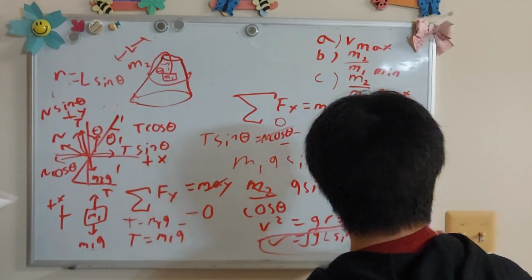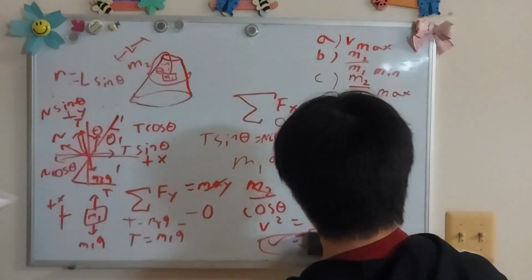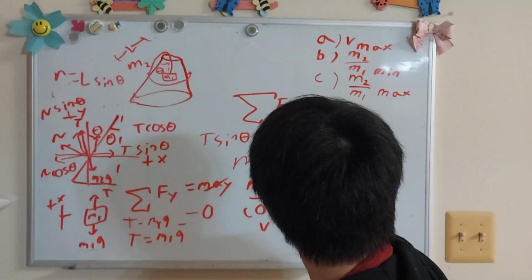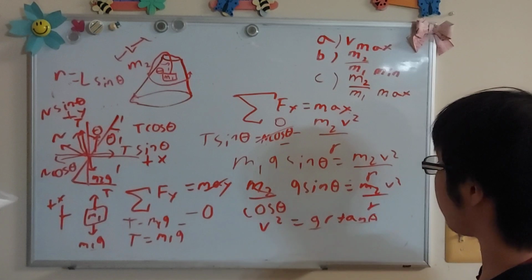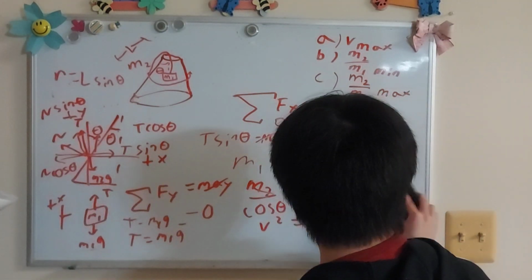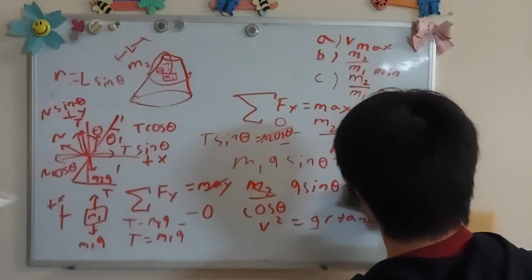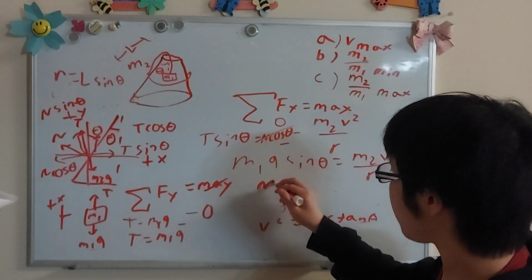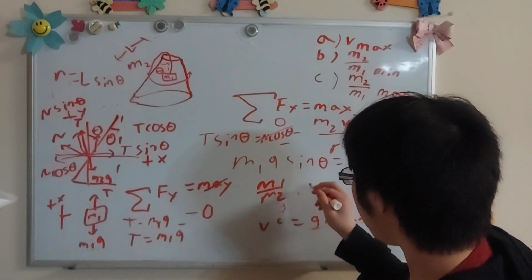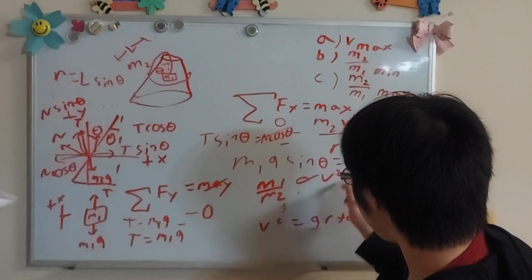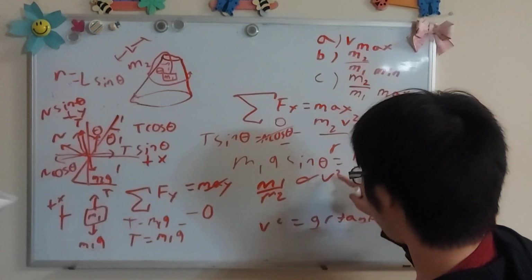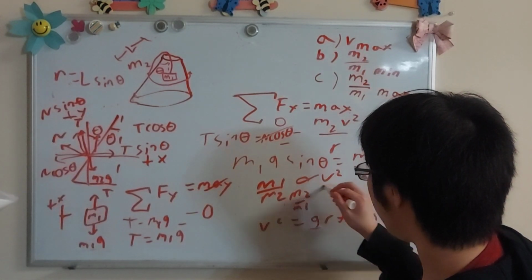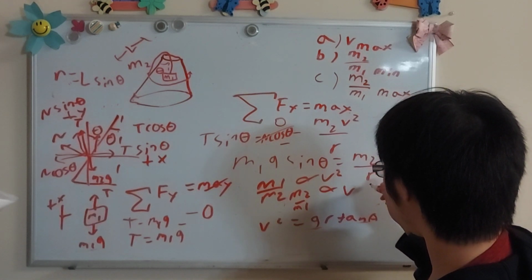And moving on to part B. Going back to right here, we find that if we divide both sides by m2, we get that this ratio is proportional to v squared, or the velocity, which means that the inverse of this, which is what we want to find, will be inversely proportional to the velocity.